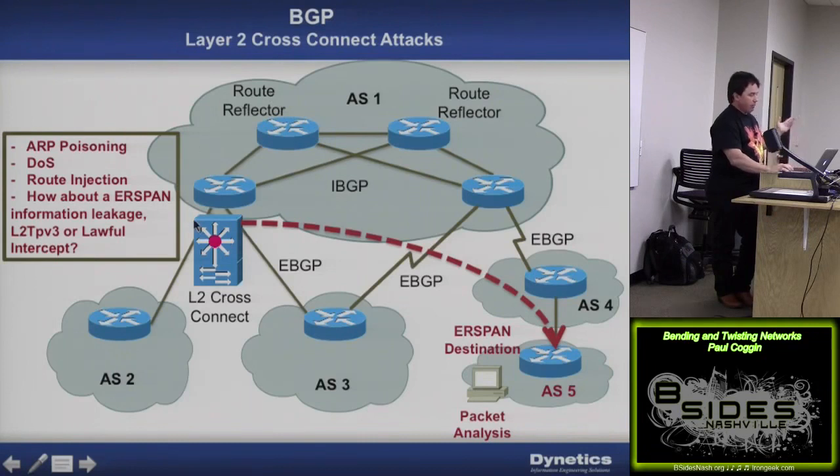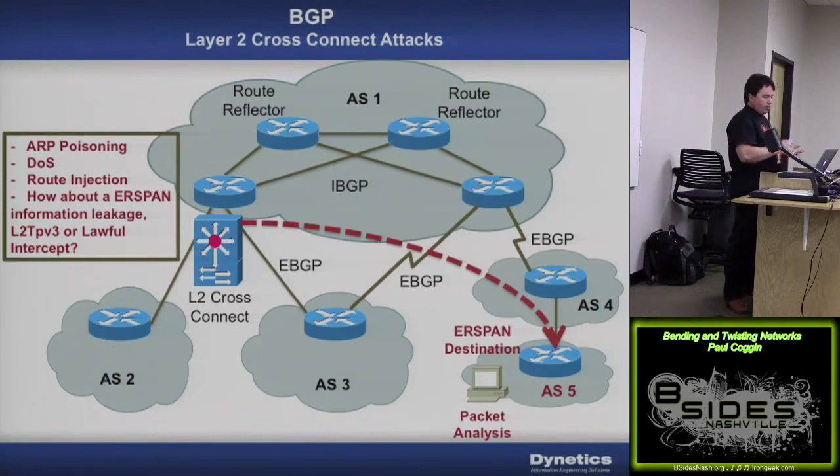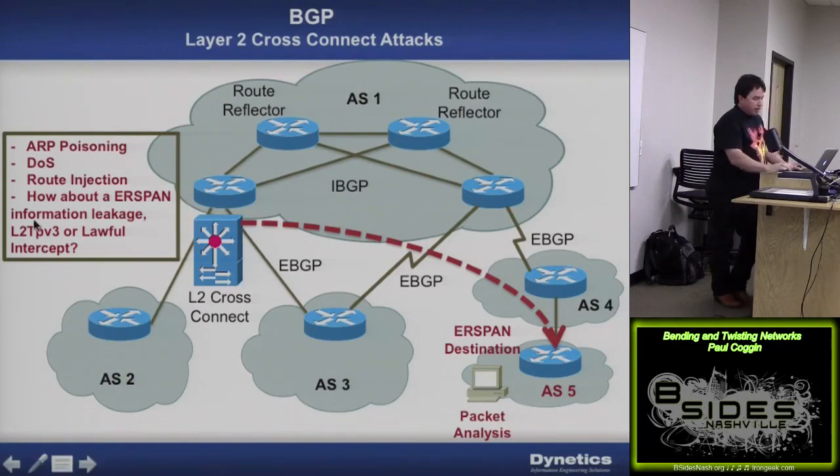What could happen? Well, it's a layer 2 connection. If you can get access in there, physically, or if you could break into it logically, or both, you could pull out the old school stuff, the old layer 2 attacks. You could inject routes. You could maybe pop the router and do the ERSPAN that I showed you.